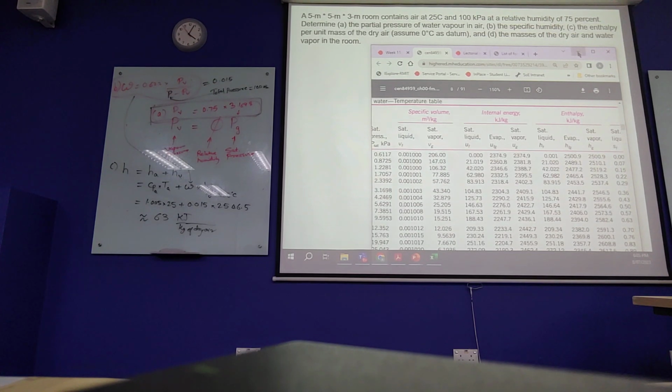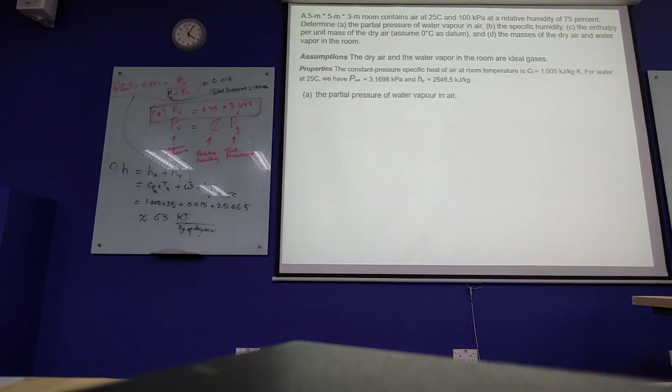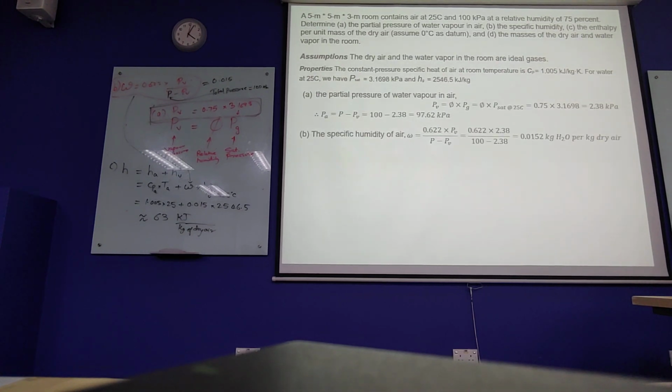What I will do, I will minimize that. I will show you the steps here, so it's a lot clearer for you. That solution is there in the week 12 tutorial, the whole solution, in last week's week 12 tutorial.